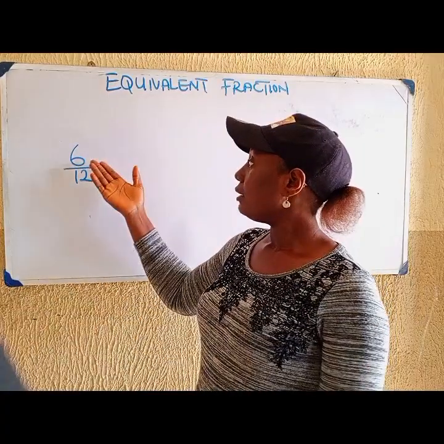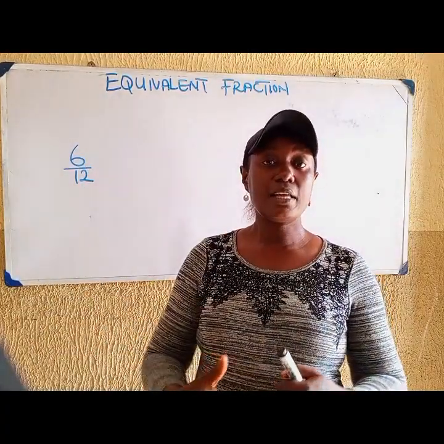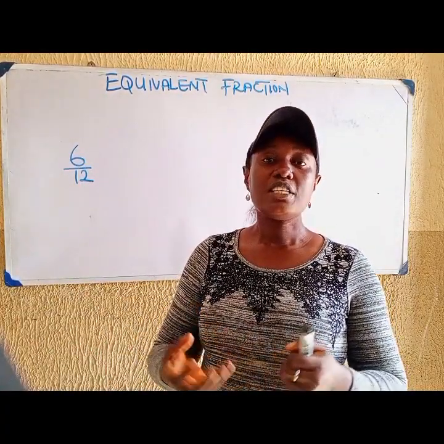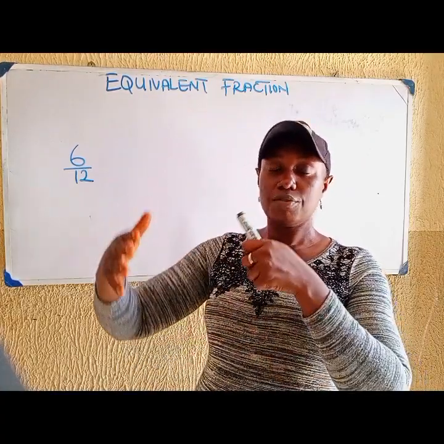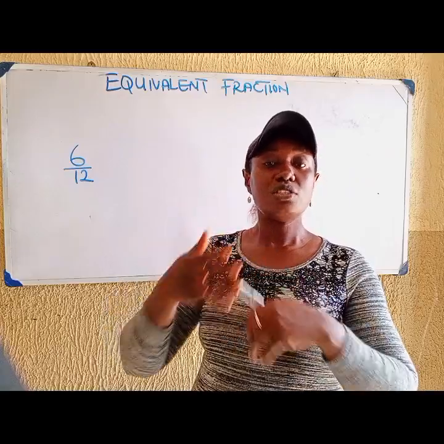Now, you can be asked to obtain an equivalent fraction of 6/12. You can see that this number 6/12 is a little bit higher. So instead of multiplying to get the equivalent fraction, we can also use division.